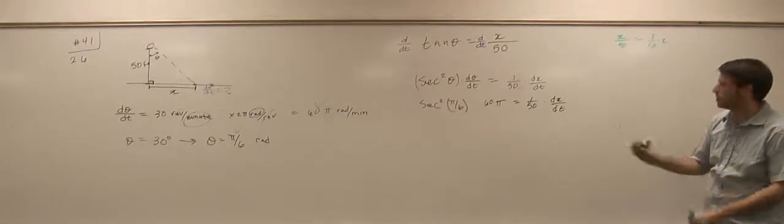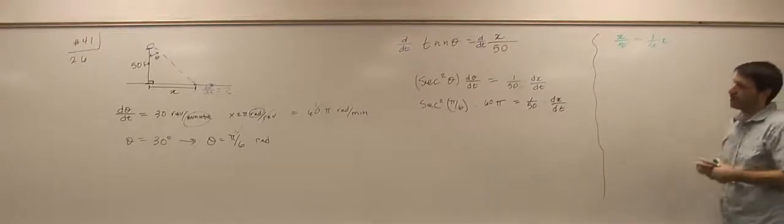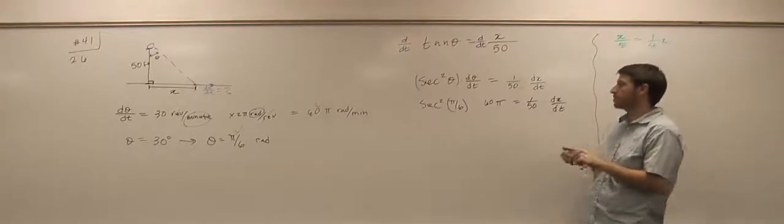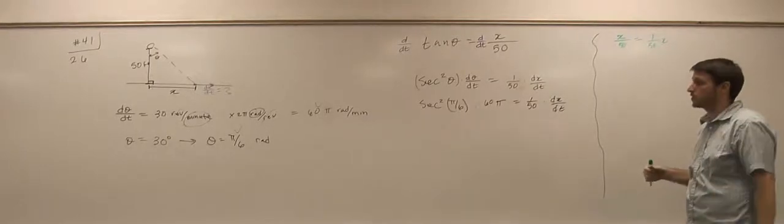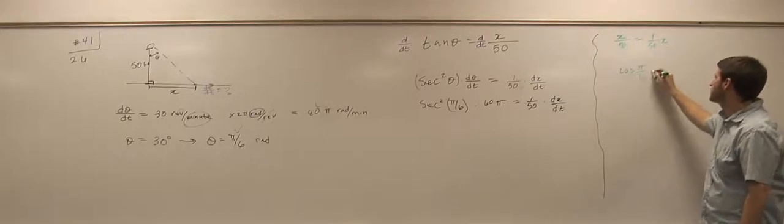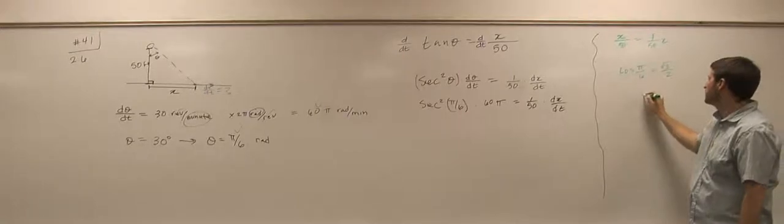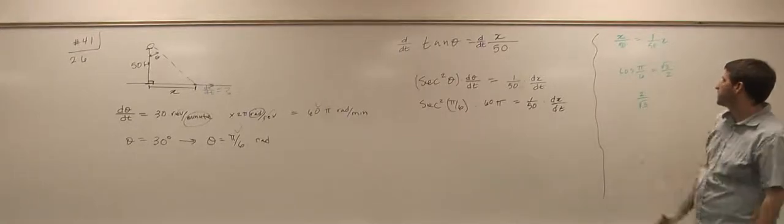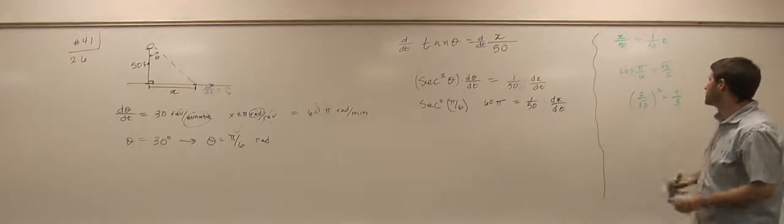I don't want to do secant squared, so cosine of π/6, you know what cosine of π/6 is? Root 3 over 2. Which means that secant of π/6 is 2 over root 3. So secant squared will be 4/3.